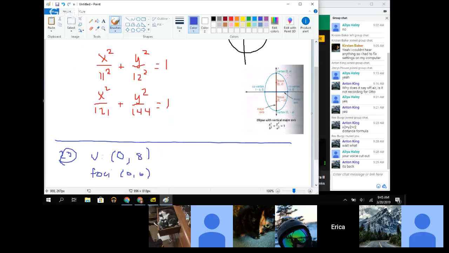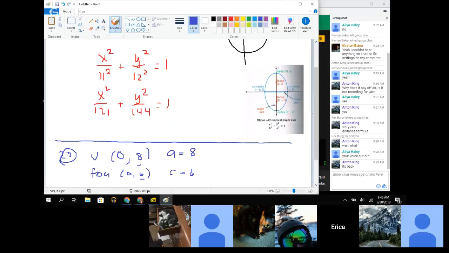So I know that because this term is in the y spot, the A is in the y spot, this has to be a vertical ellipse. And I know that my A has to equal 8. What I don't know is what B is, but they tell me what my focus is, which is that C equals 6.